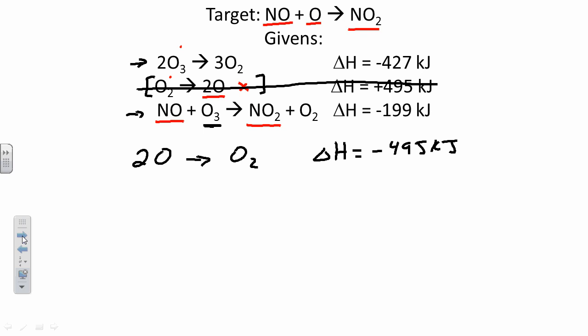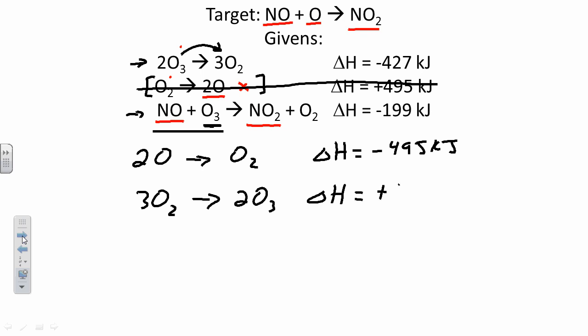So if O3 is on the reactant side here, it needs to be on the product side up here, so I need to reverse this equation. So I've got 3O2 yields 2O3, and delta H then gets its sign changed again to plus 427 kilojoules. All right, so now this equation has been changed, so I'm going to get rid of it.